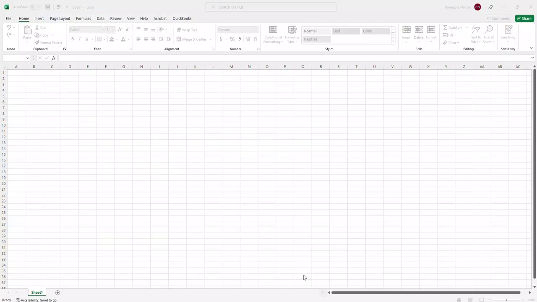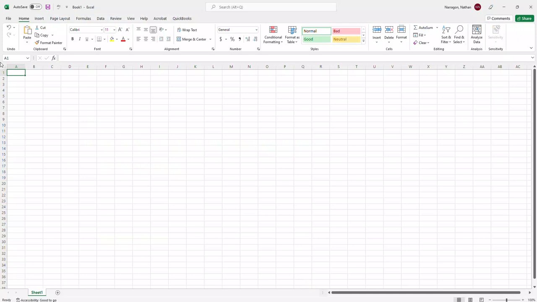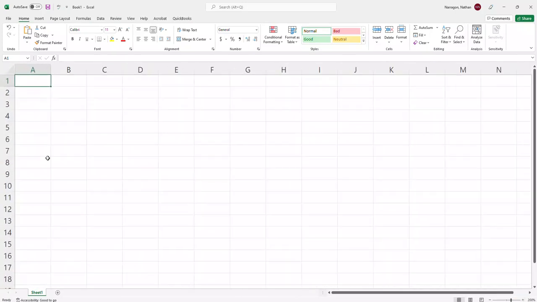In Excel, we're going to use a blank workbook, and the variables that we will need are N, X, and the probability percentage.